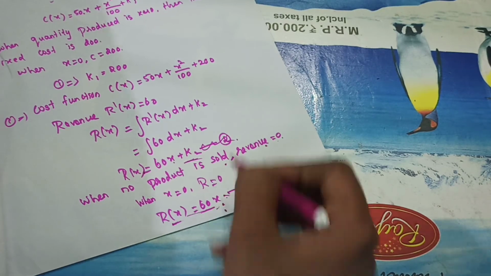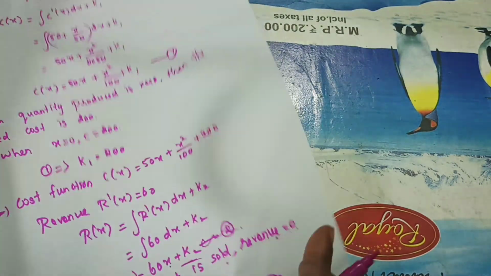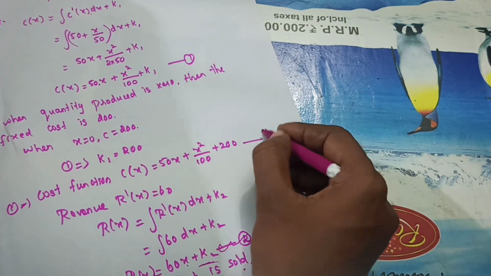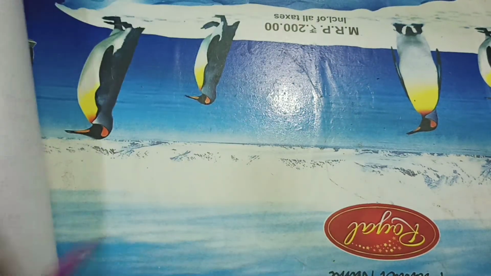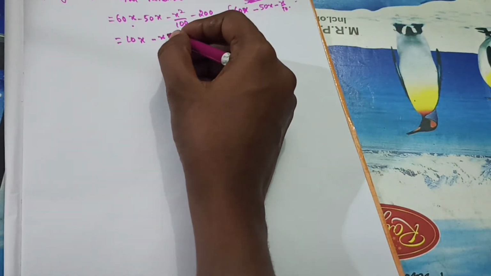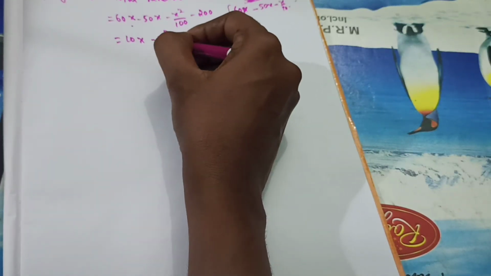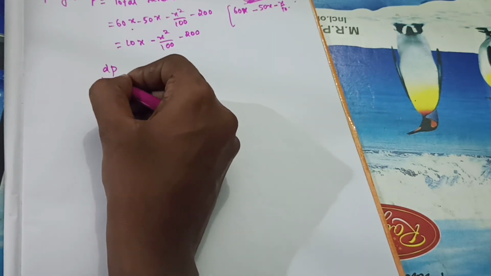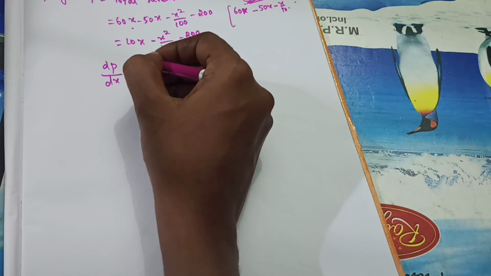So second equation minus first equation, that's all. If you subtract these two, you will get 10x minus x square by 100 minus 200. So dP by dx is equal to, differentiate this one.